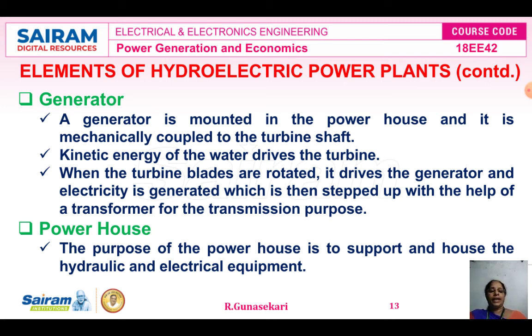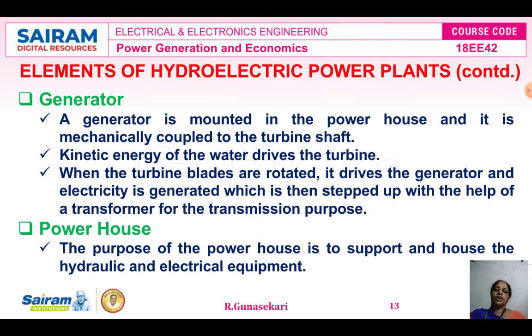The kinetic energy, or the potential energy, or the hydraulic energy is used to drive the turbine with the water flow. The water flow on the turbine blade makes it rotate. Then the turbine converts kinetic energy into mechanical energy.